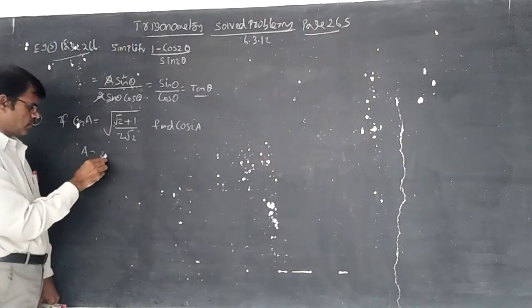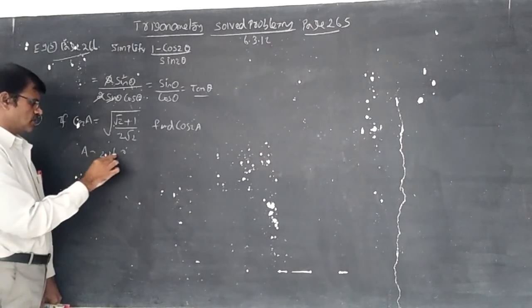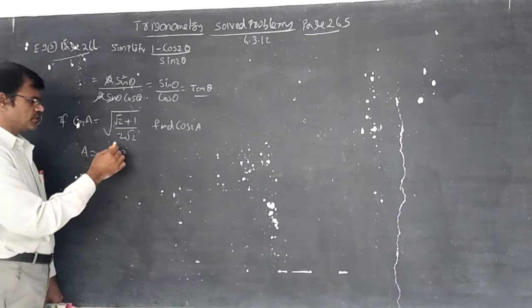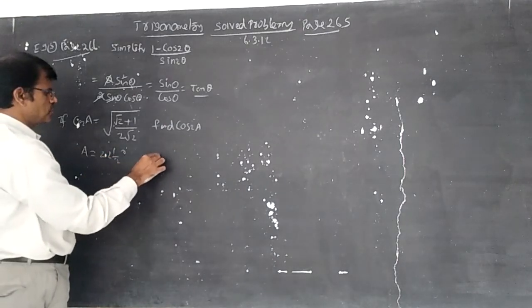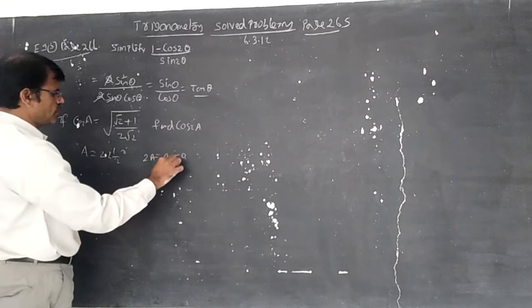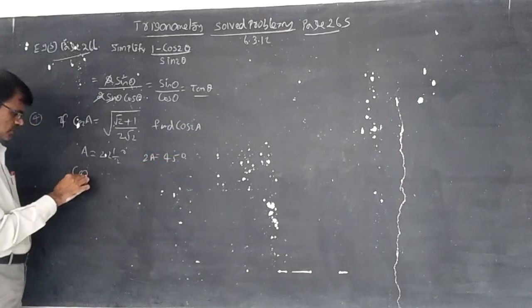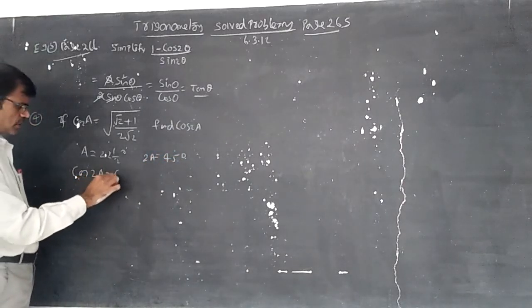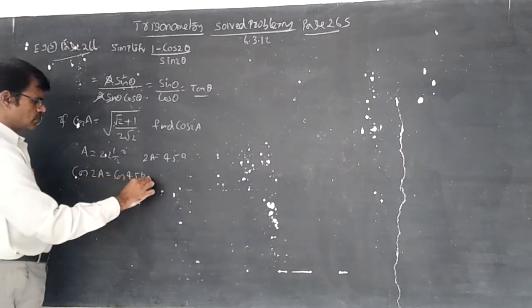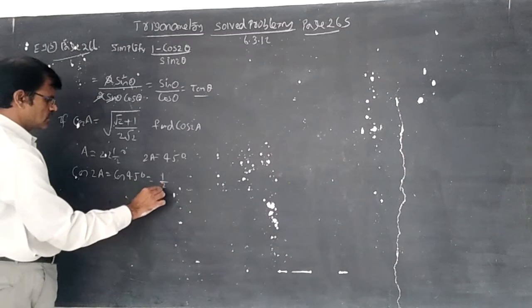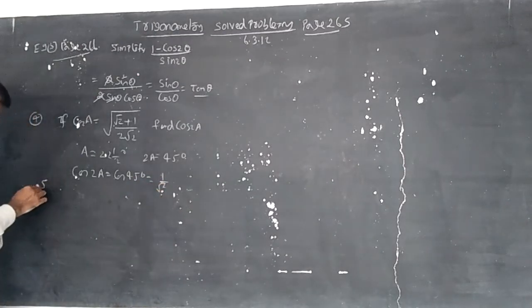Just now we have learnt that the value of cos 22½ is equal to root of (root 2 plus 1) by 2 root 2. So 2A becomes 45. So cos 2A is equal to cos 45 degrees, the value is 1 by root 2.